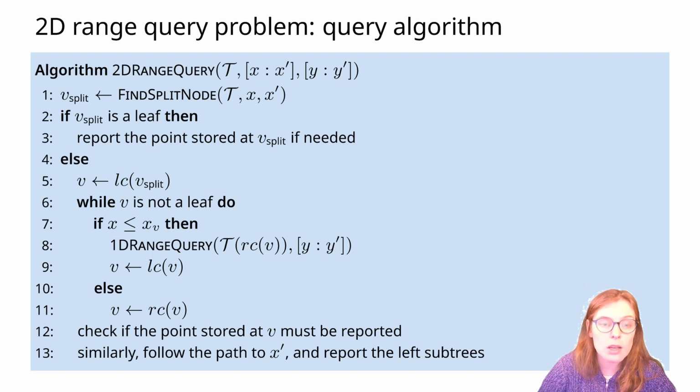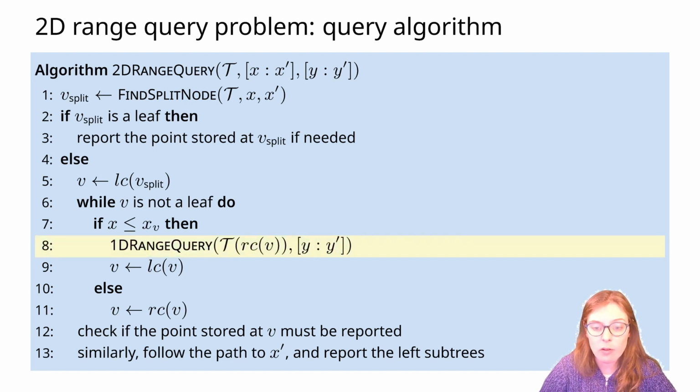The pseudocode is almost exactly the same as the one-dimensional range query, with the only difference that in line 8, instead of simply reporting all the nodes in the subtree rooted at the right child of the node V, we now call the one-dimensional range query on the associated data structure of the right child of V using the y-coordinate range as the one-dimensional range value.